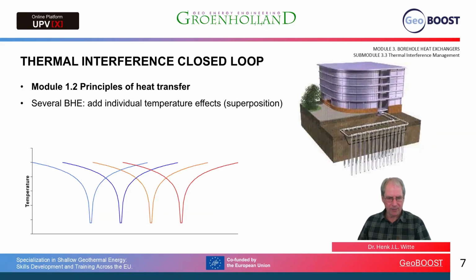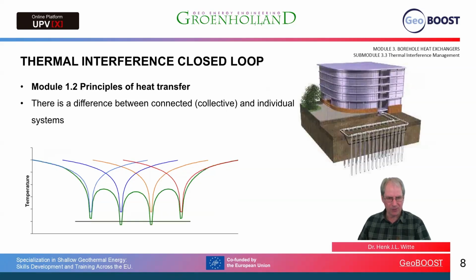If we then look at several heat exchangers in the ground in each other's vicinity, then the basic principle is superposition. We need to add all the individual temperature effects of the individual heat exchangers together to get the total temperature profile in the ground. And for individual heat exchangers, we do exactly this. We add up the individual effects and we see a lowering of temperature.